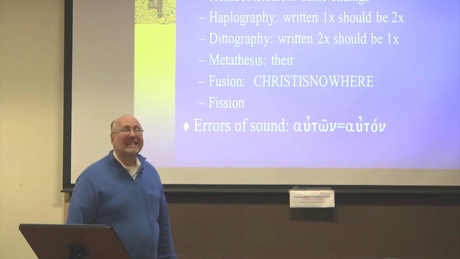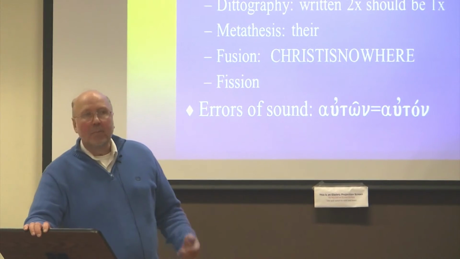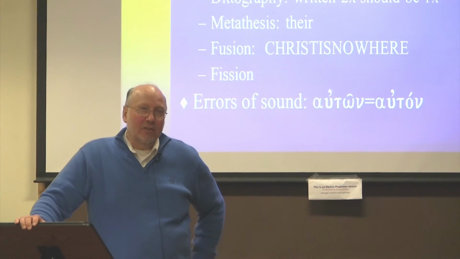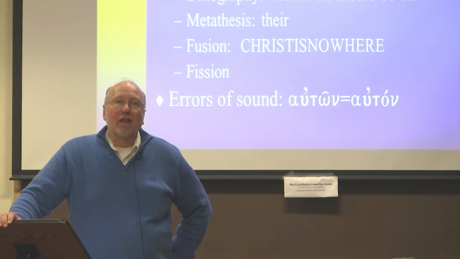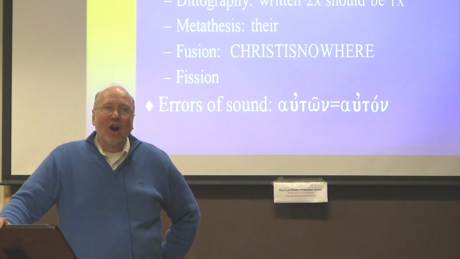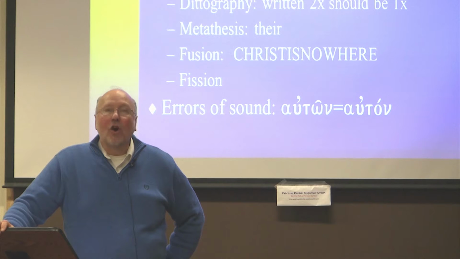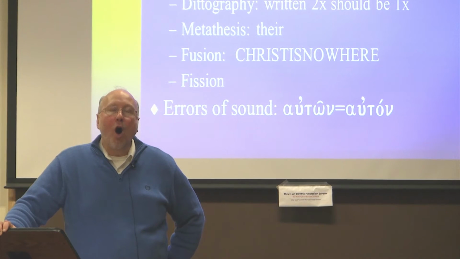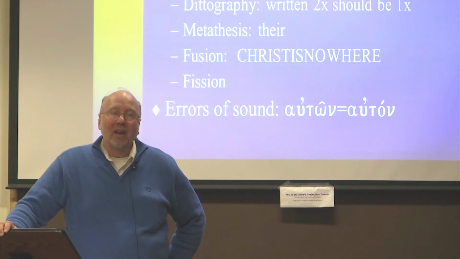There's also errors of sound. Maybe the best way to do this is just to do this in English. For example, write down for me the word "there." The word "there" is a homophone.